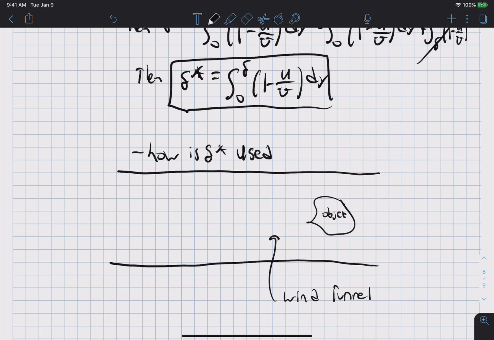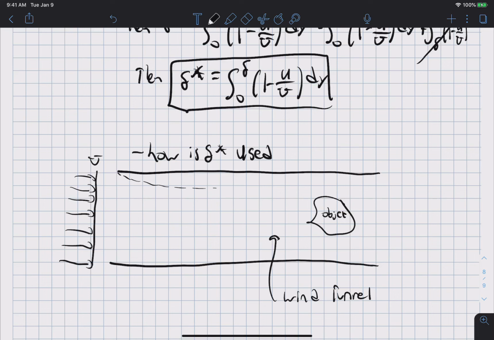Okay, and coming into the wind tunnel, we have a constant free stream flow. Now there's a problem here, and that problem is that when the flow comes in, it's going to interact with the upper and lower walls of the wind tunnel. And that's going to produce a boundary layer.